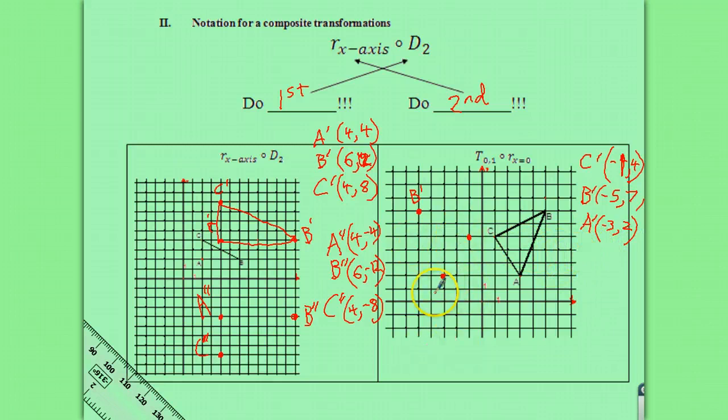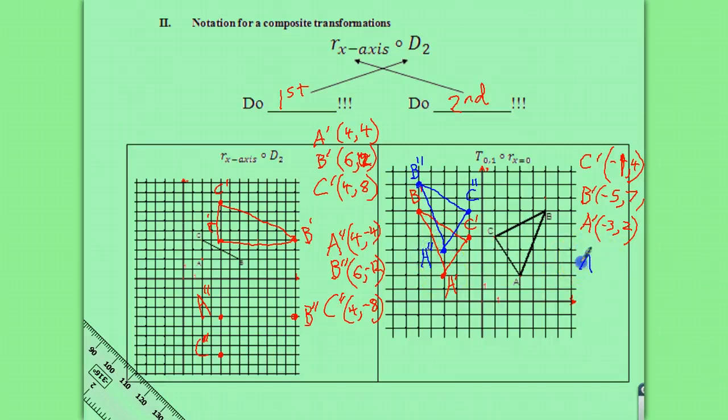All right, so now we have our primed image. And this was C prime. Now we have to translate it 0 left or right and up 2. So no way left or right and just up 2. I'll put it in blue just so we can see it. So up 2, up 2. C double, B double, and A double.